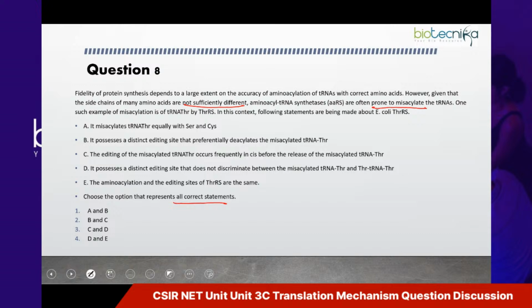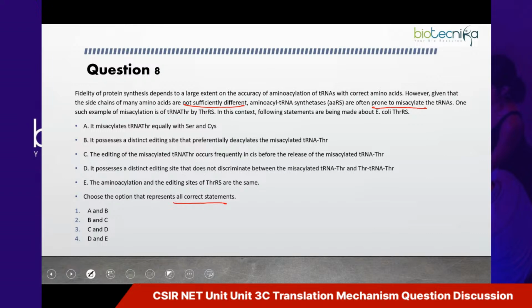Okay. See what happens. Let me tell you the basic mechanism. So aminoacyl-tRNA synthetases have two sites. One is the catalytic site, which will catalyze the transfer of amino acid to a particular tRNA, and one is a deacylation site, which will do the proofreading.